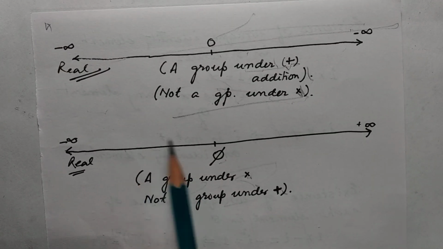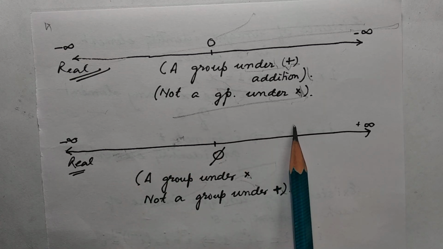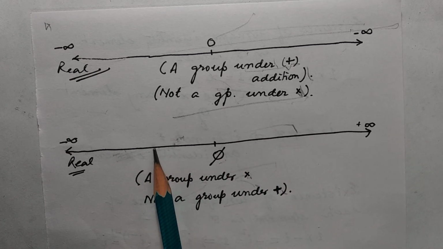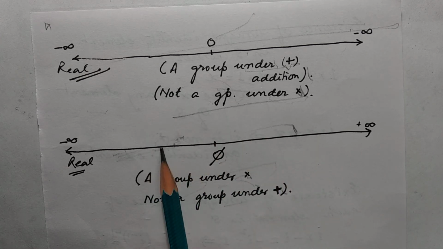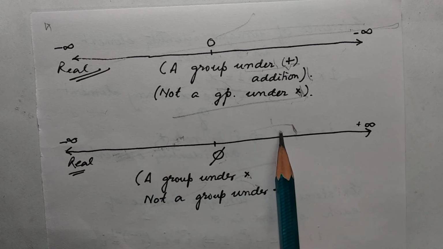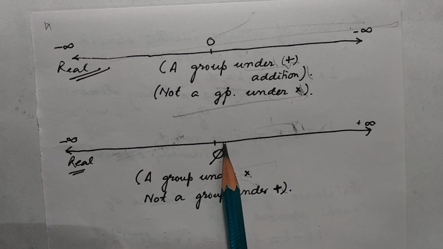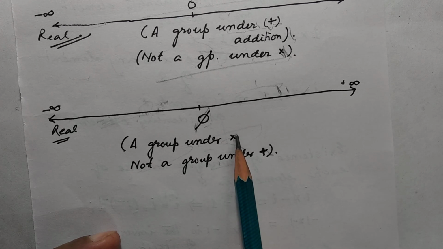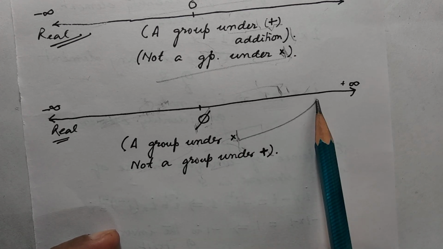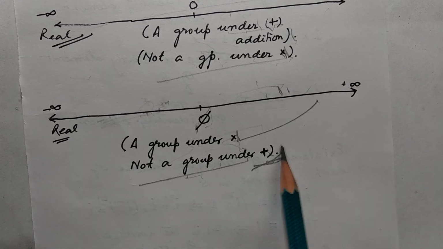Because the product of any two real numbers is also a real number, and every number has its inverse under multiplication. For example, 3 is a real number, and its inverse 1 upon 3 is also a real number. Thus, this set excluding 0 is a group under multiplication, but it is not a group under addition.